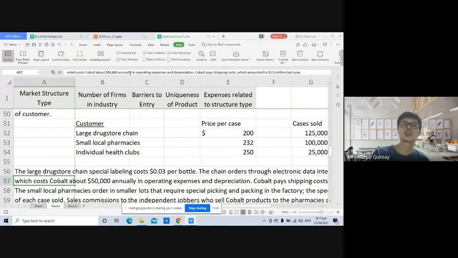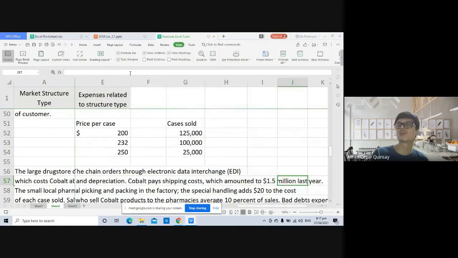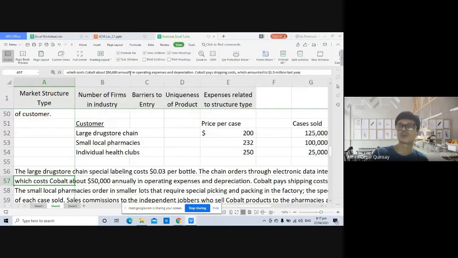So meron pang additional cost doon sa pagbebenta dito sa large drugstore chain bukod sa 0.03 per bottle. Cobalt pays shipping cost which amounted to 1.5 million last year. Merong additional expense pa yun kay Cobalt.